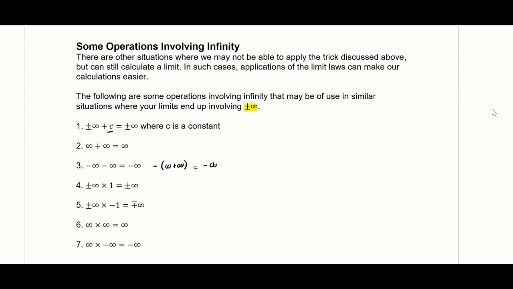If you multiply positive or negative infinity by 1, you get the same thing back, positive or negative infinity. However, if you multiply by -1 or any negative number, the sign flips. So positive infinity times -1 becomes negative infinity, and negative infinity times -1 becomes positive infinity.